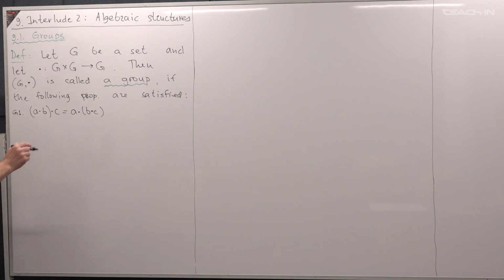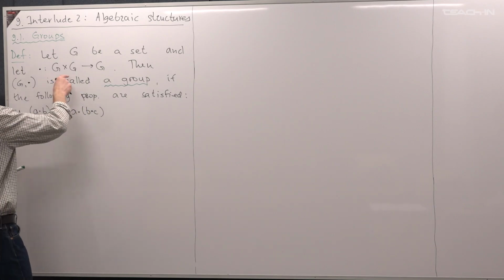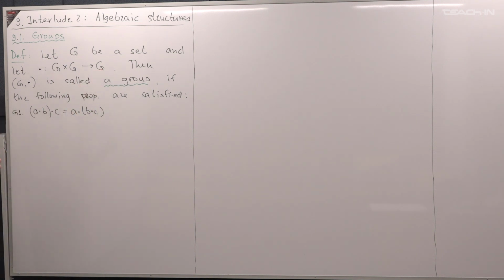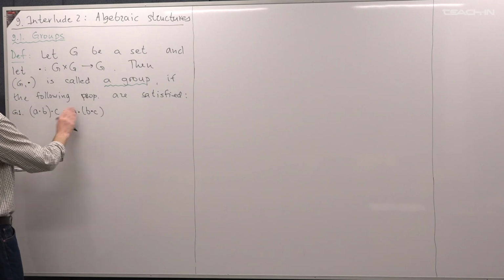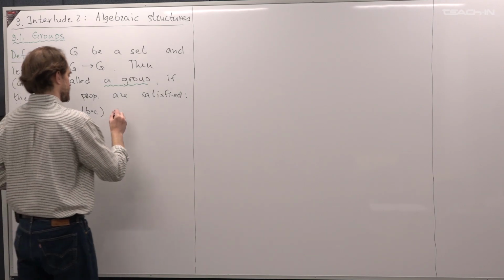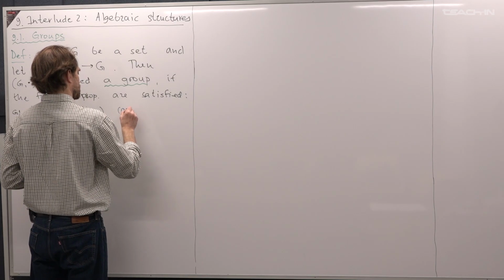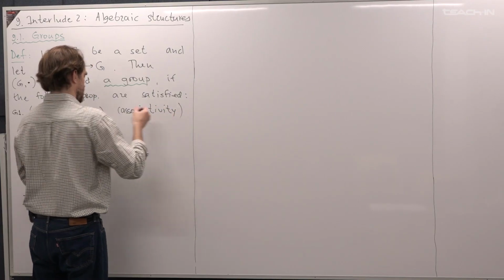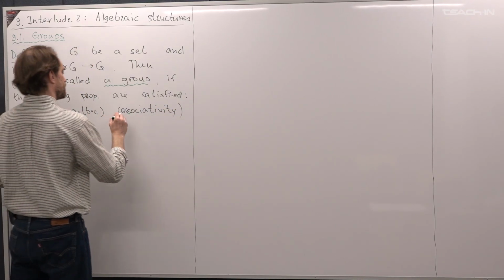And in the right-hand side we first apply our mapping to the pair b and c, we get some element from the set G, and then we apply our mapping for the second time. And so the requirement is that these two elements of the set G should be the same. This property is called associativity.